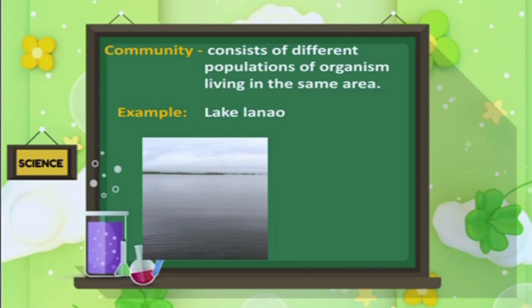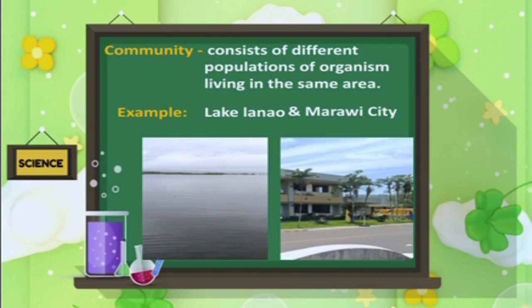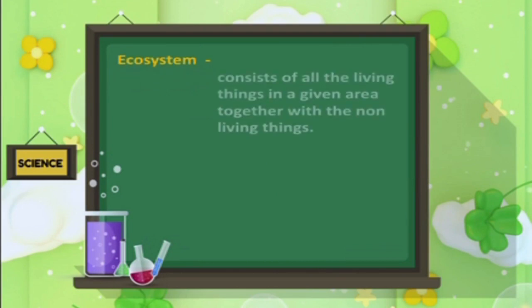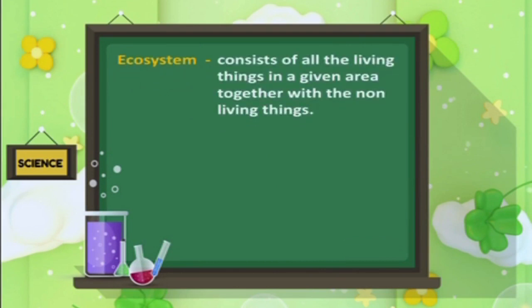For instance, big fish eat small fishes, and they both eat plants. Marawi City is a community with many populations living in this place, like people, cats, and dogs. There are also some kinds of plants here and other populations. They are interacting with one another. If this community involves non-living things, then it becomes an ecosystem. It consists of all the living things in a given area together with the non-living things.